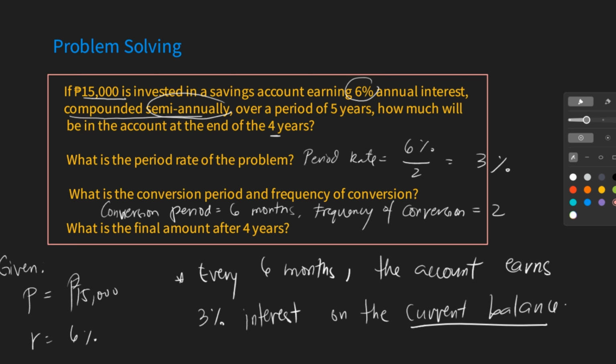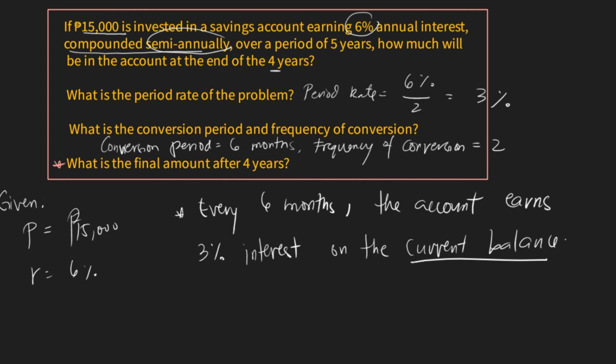Now let's move on to the third question, which is the final amount after 4 years. The formula that we are going to use is: final amount is equal to principal times 1 plus i, to the power n.